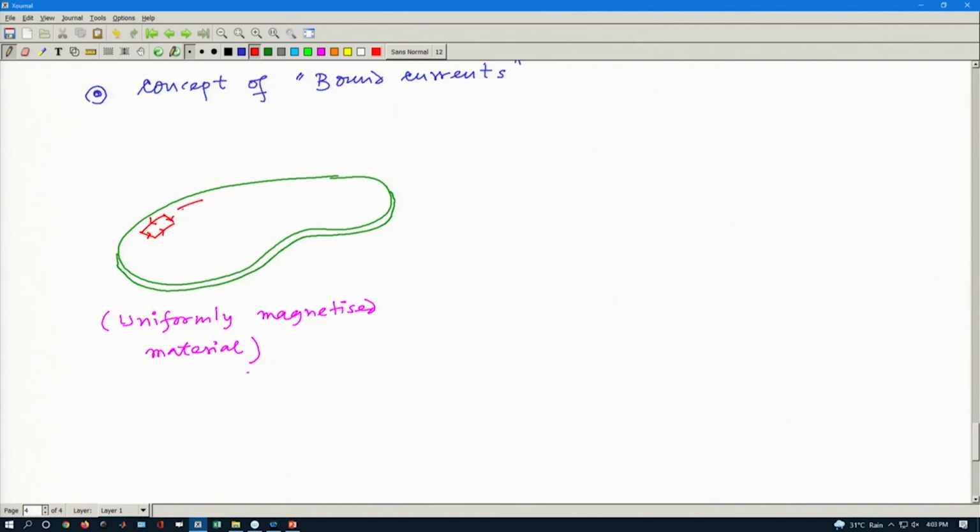So, I have these current loops as a representation of the magnetic dipole.